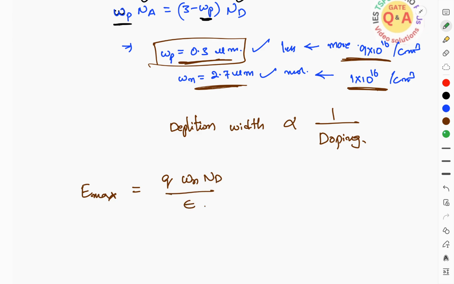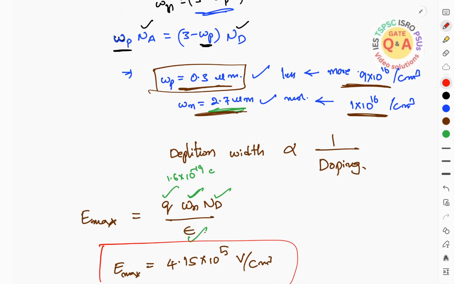He gave all these values in the question. Q is 1.6 into 10 to the power of minus 19 coulombs, the N side width is 2.7, ND value and permittivity are given. By substituting all the values, we get 4.15 into 10 to the power of 5 volt per centimeter. This is the maximum electric field present in the depletion width.